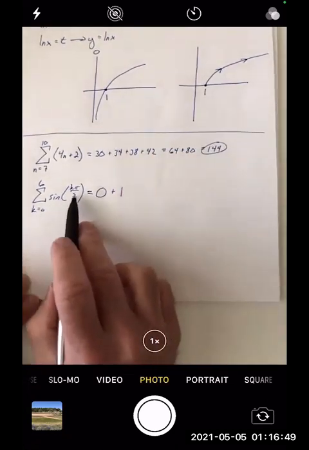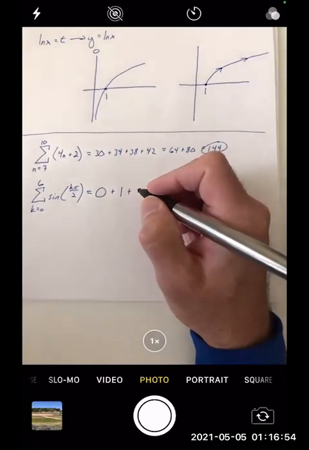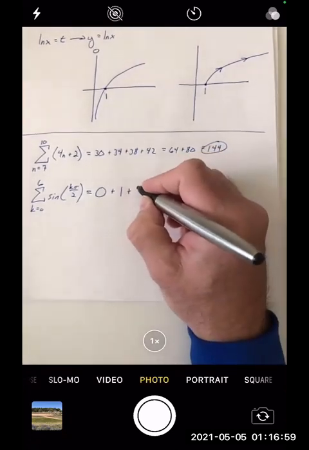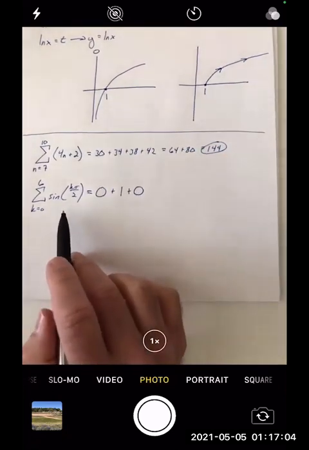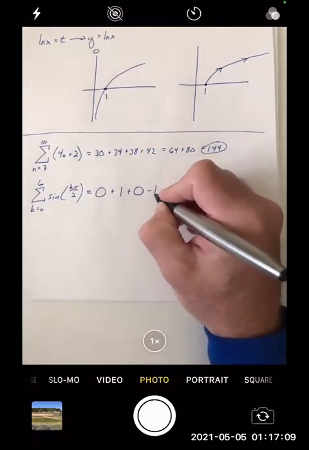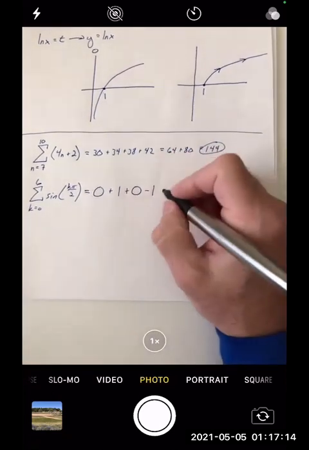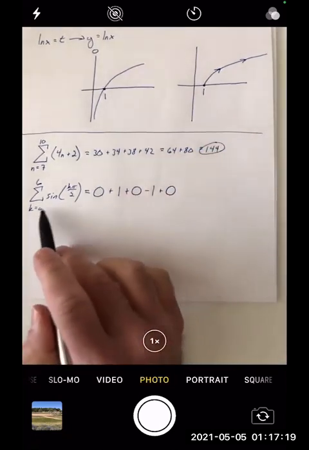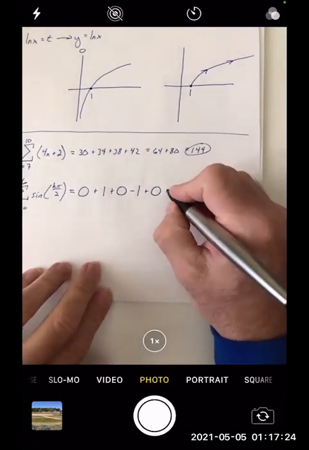When k is 2, now it's sine of pi, which is 0. When k is 3, you have sine of 3 pi over 2, and that's -1. K equals 4 is sine of 2 pi, which brings you back to 0 again. When k is 5, sine of 5 pi over 2 is back to +1.